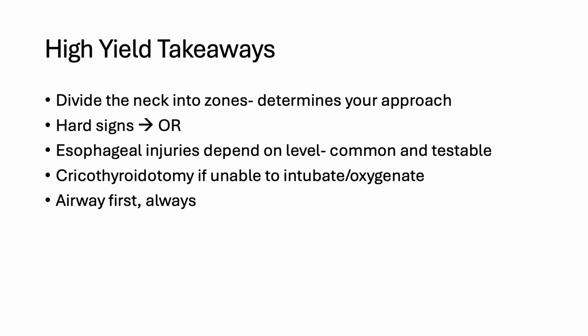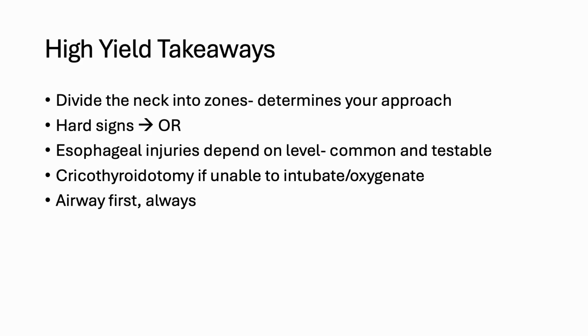Let's summarize some key takeaways from this lecture. So divide the neck into zones because it determines your approach, and you should be able to know the zones of the neck and know based on where an injury occurs what type of approach you would take. Hard signs always buy you an immediate trip to the OR for surgical exploration. ICA injuries are often treated endovascularly.